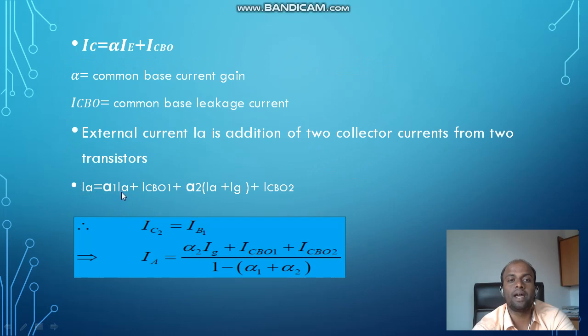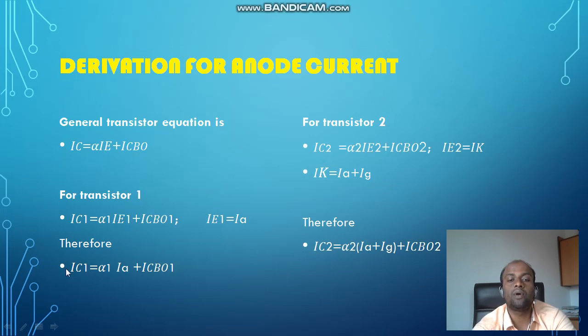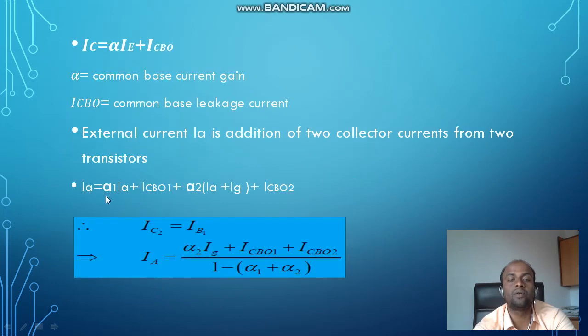So IA equal to IC1 plus IC2. Am I right? IA is equal to IC1 plus IC2. But IC1 is nothing but this, IC2 is nothing but this. So I have substituted IA equal to alpha 1 IA plus ICBO1 plus alpha 2 IA plus IG plus ICBO2.